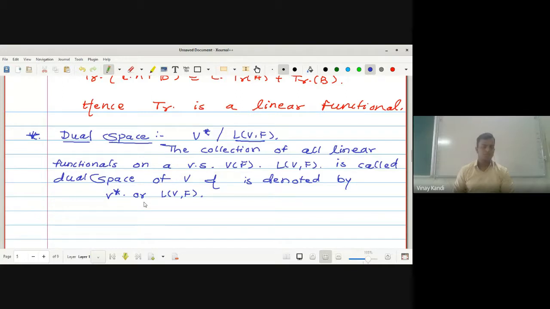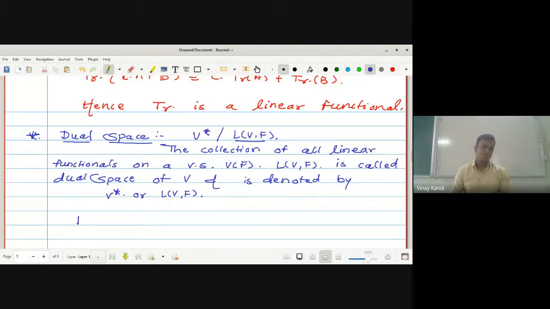The collection of all linear functionals. In a functional, our codomain must be a field. The collection of all linear functionals on the vector space V over F is called the dual space of V, and it is denoted by V star or L(V,F).